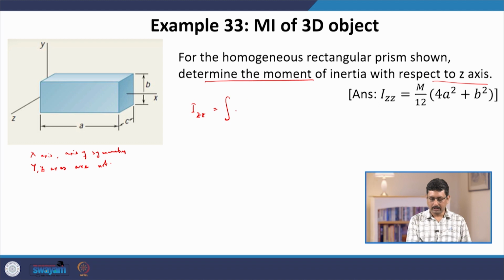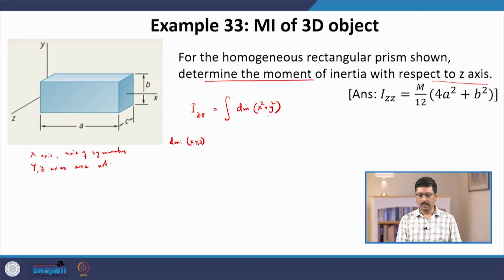So, we need to take each mass element dm located at some point x, y, z inside the prism, and then the distance from the z axis. So, the distance from the z axis is x square plus y square.